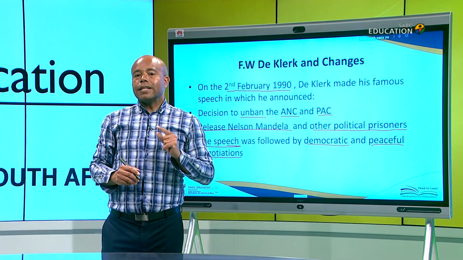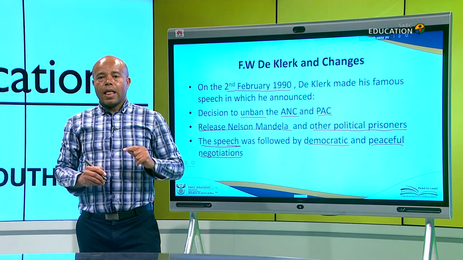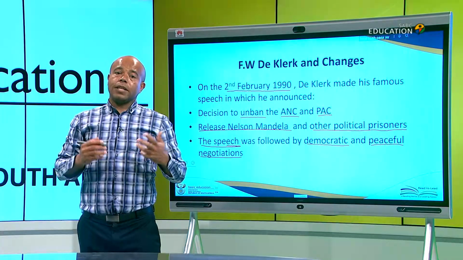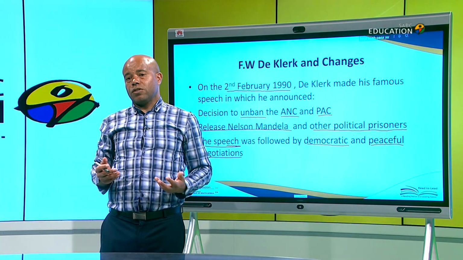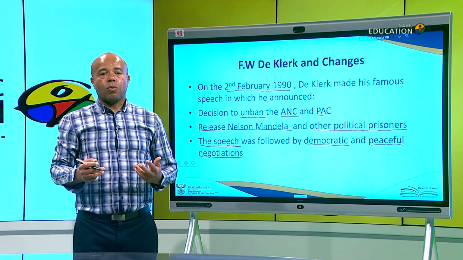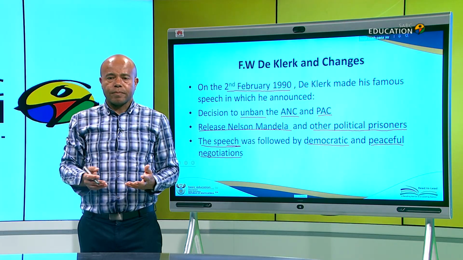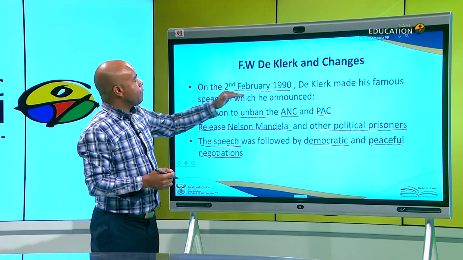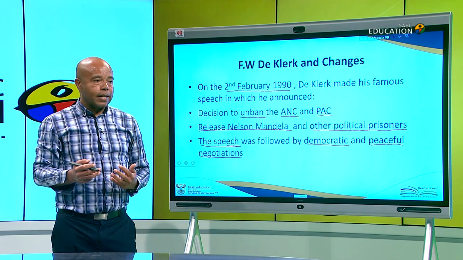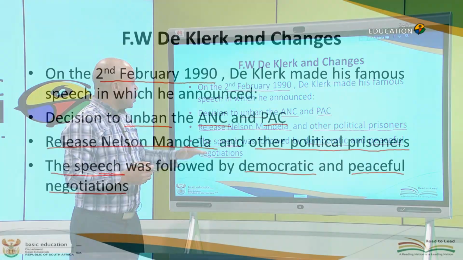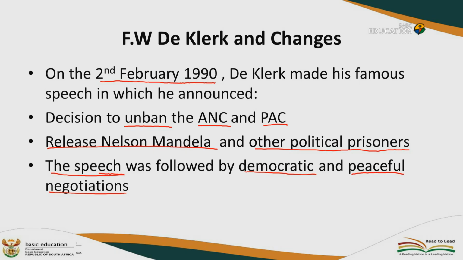But in 1989, political prisoners were also released, in the sense of Walter Sisulu. Other prisoners were released with him. But on 2nd February, he announced again that he will unban all political parties and release Nelson Mandela and other political prisoners also.